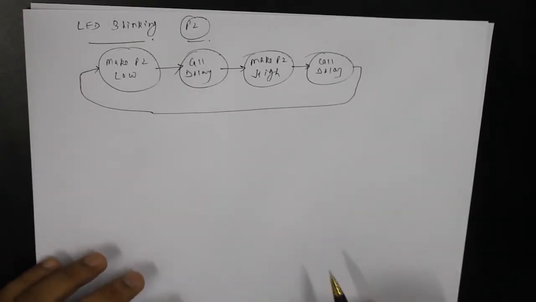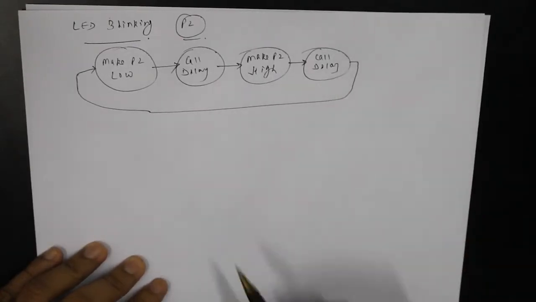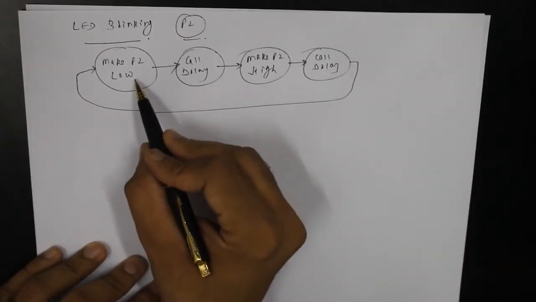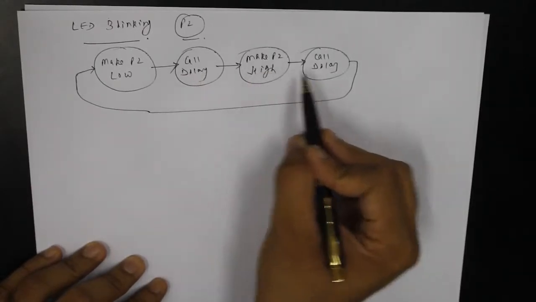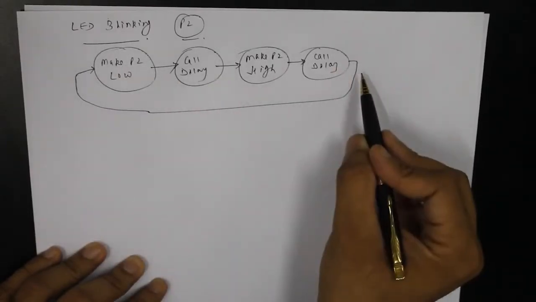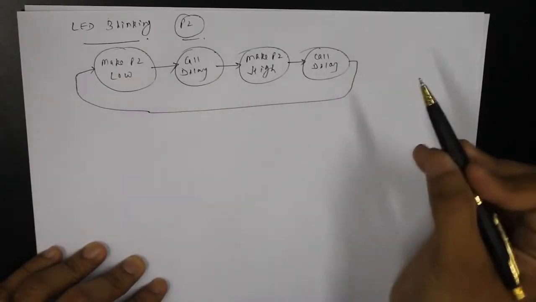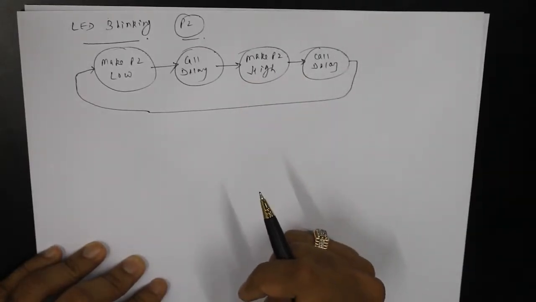So you will have port 2 becoming low, remaining low for some time, then becoming high, remaining high for some time, and then the sequence repeats: low, delay, high, delay. If you have LEDs connected to port 2, you will actually see the blinking of the LEDs.